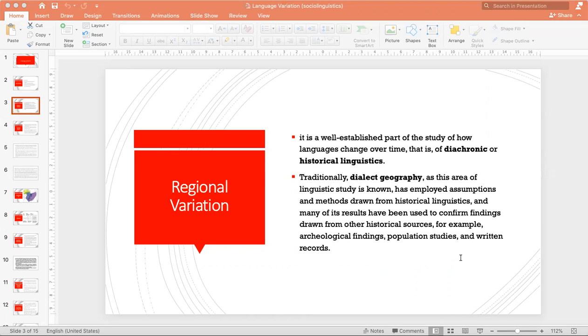The mapping of regional dialects has had a long history in linguistics. In fact, it is a well established part of the study of how languages change over time, that is, diachronic historical linguistics. Traditionally, dialect geography, as this area of linguistic study is known, has employed assumptions and methods drawn from historical linguistics.